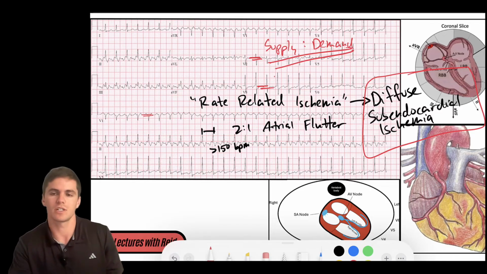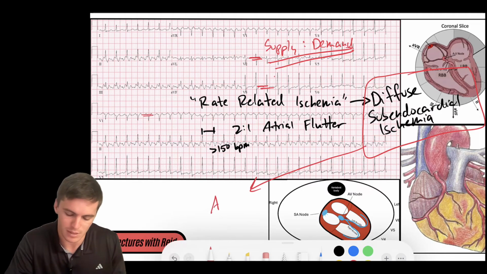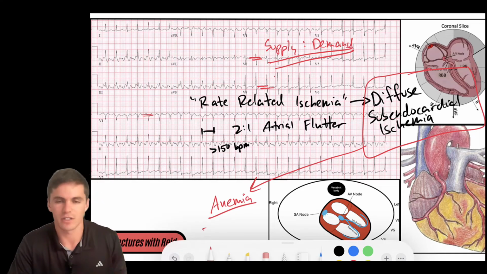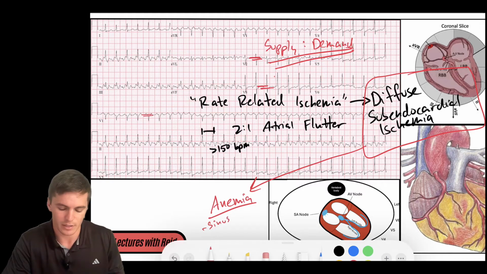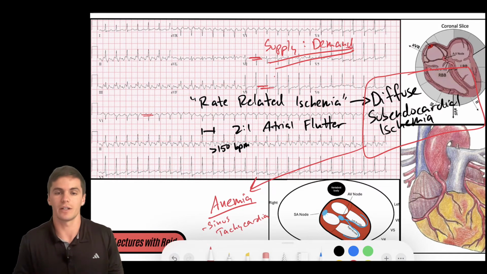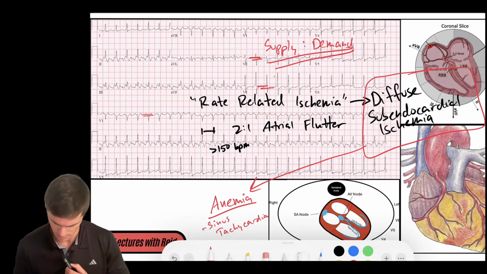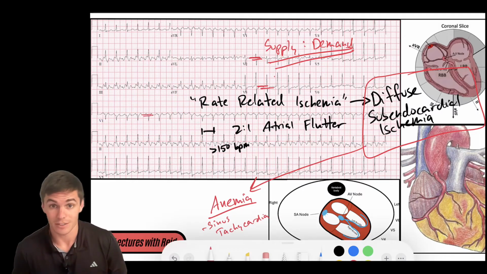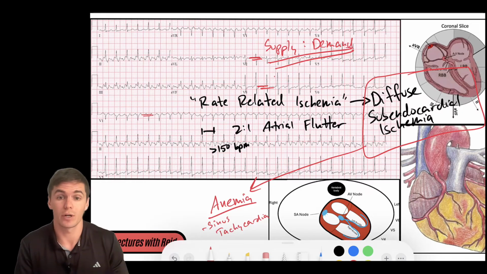Remember, we also said you can see diffuse subendocardial ischemia in people with severe anemia. The difference is that in anemia, they're going to be in sinus tachycardia because they're trying to get oxygen everywhere and they can't, because they don't have enough oxygen carrying capacity, because they don't have all the red blood cells that they need. So that's just one example of rate-related ischemia.